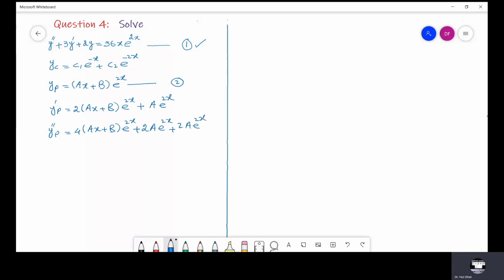And now substituting all these values in equation number 1, we have 4 into ax plus b e power 2x plus 4a e power 2x plus 3 into y dash.